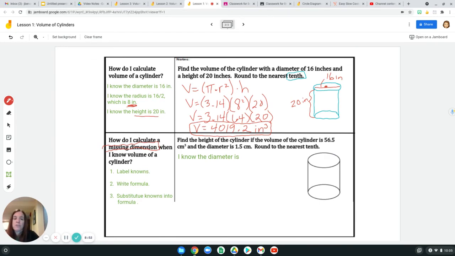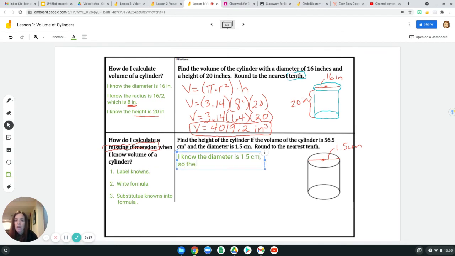Okay, so let's start with what I know, and I'm going to draw this onto the picture here. I know the diameter, so that goes all the way across, and that is 1.5 centimeters. Okay, so I know the diameter is 1.5 centimeters.